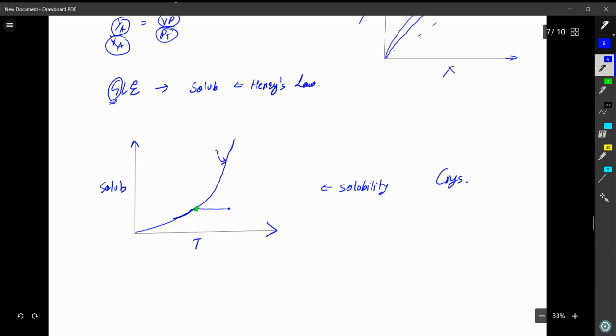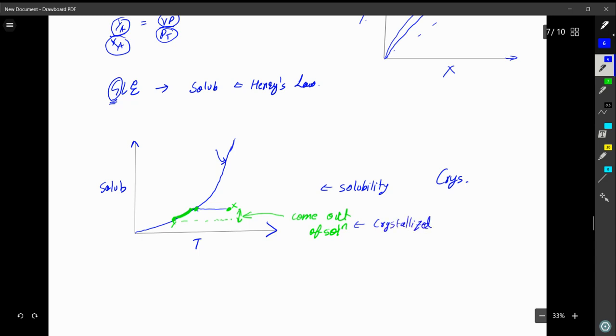It will travel along the curve. It will reach here. So the initial point was this, the final point is this. Let's draw a line. This difference is the one which has come out of the solution. All of this has come out of the solution. In other words, this is all that is crystallized.